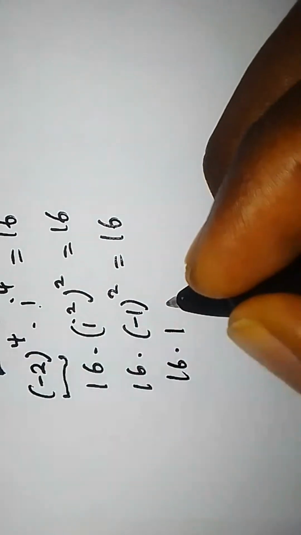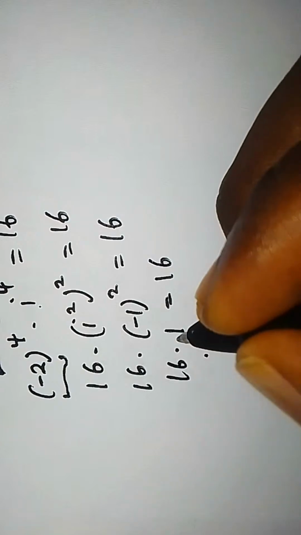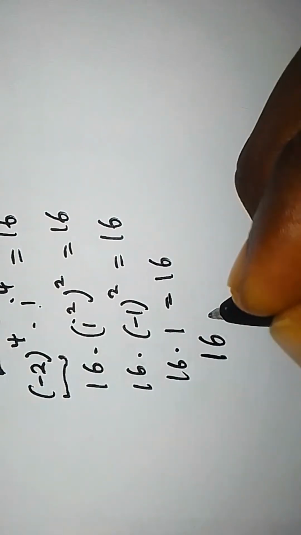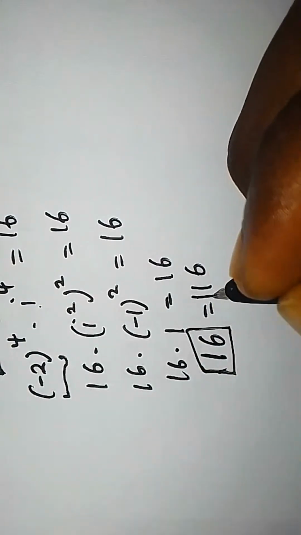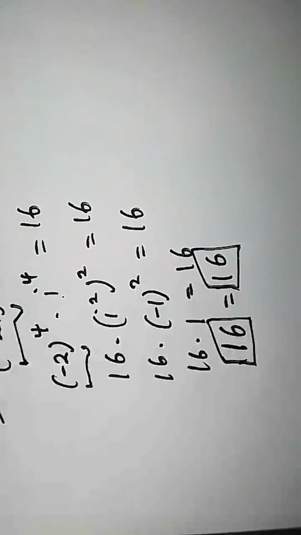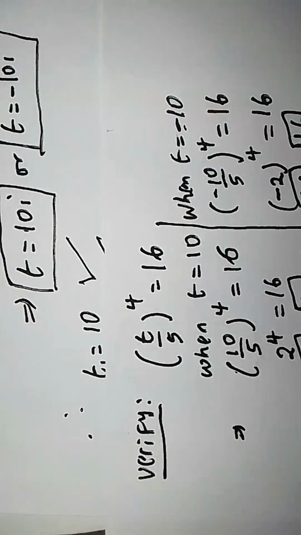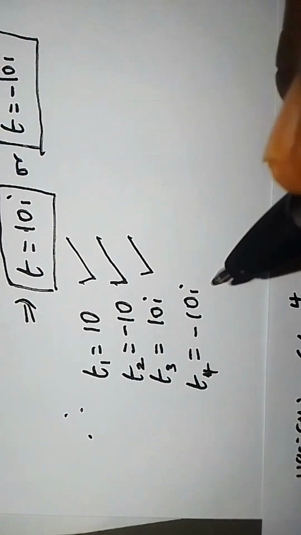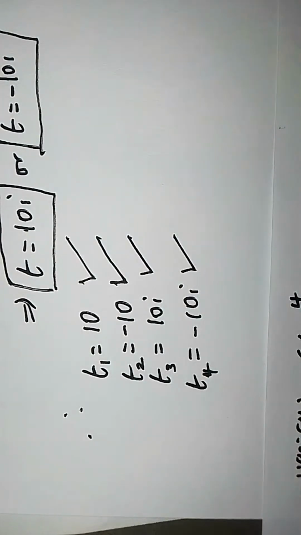That is simply 1, so 16 times 1, we have 16 equal to 16. The left hand side is equal to the right hand side. That indicates that the fourth answer that we got here, t equals minus 10i, is indeed correct also.